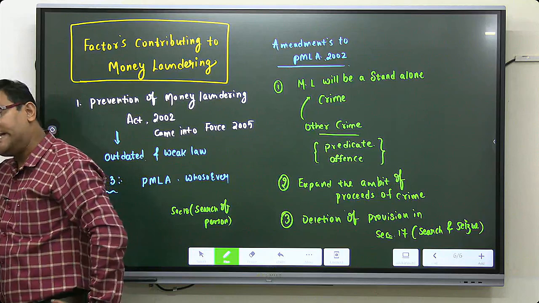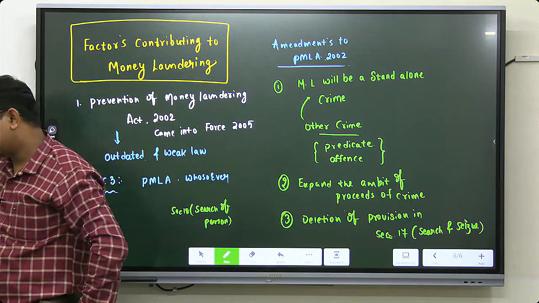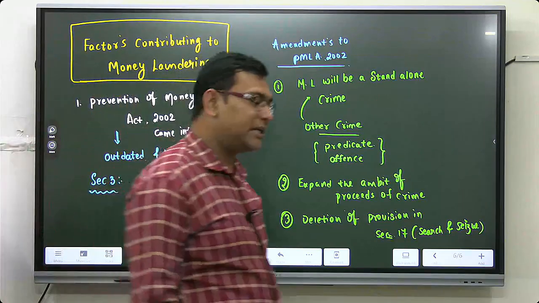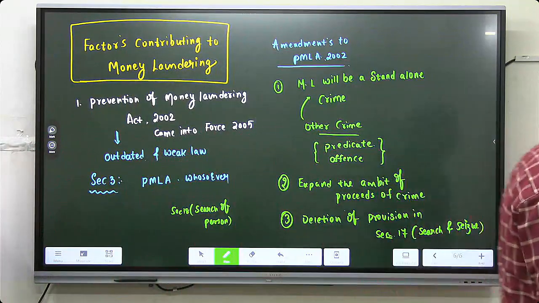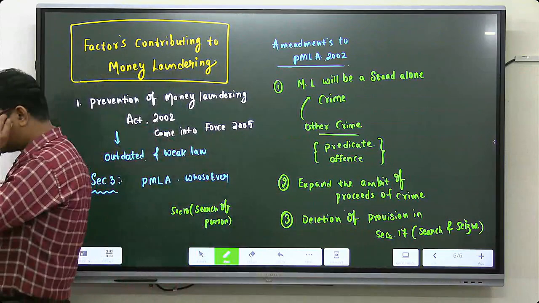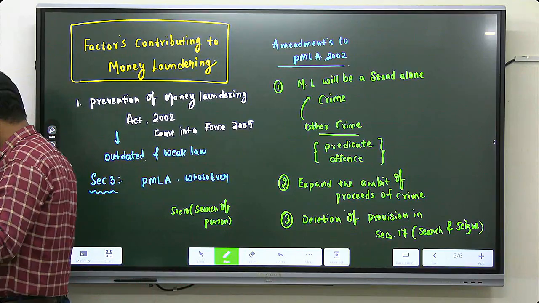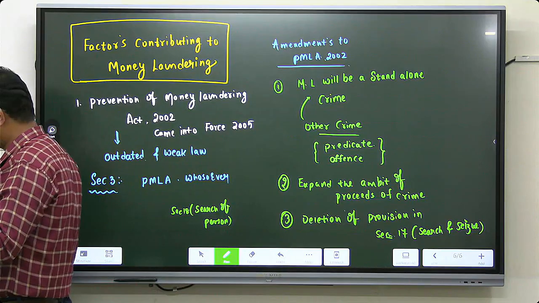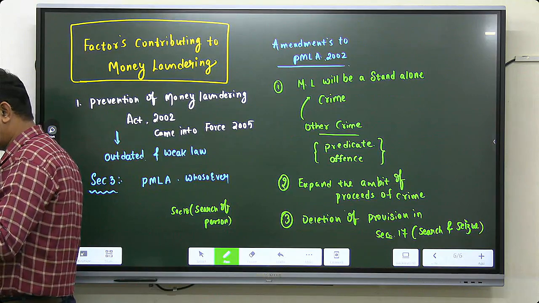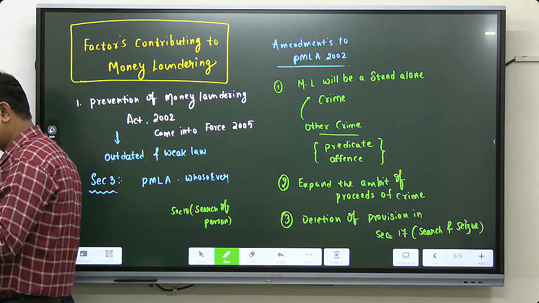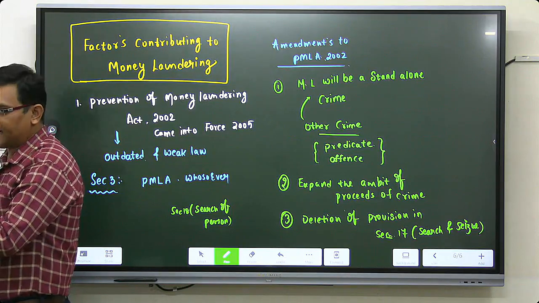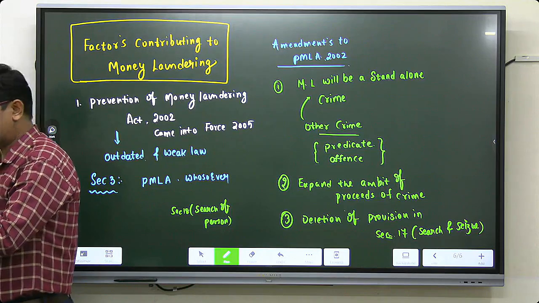Below you write, ED is empowered to arrest an accused without a warrant in PMLA offenses, prevention of money laundering offenses.